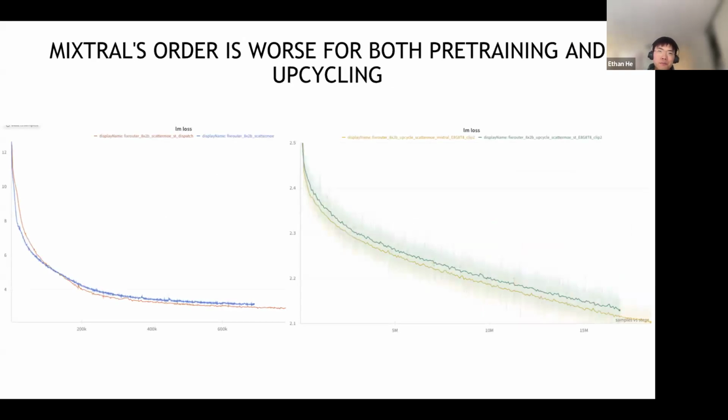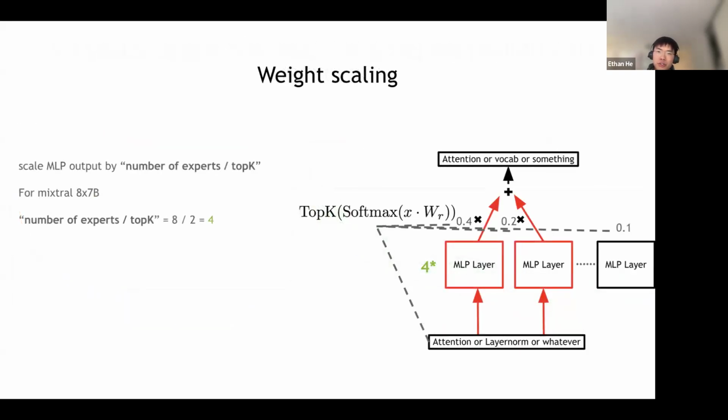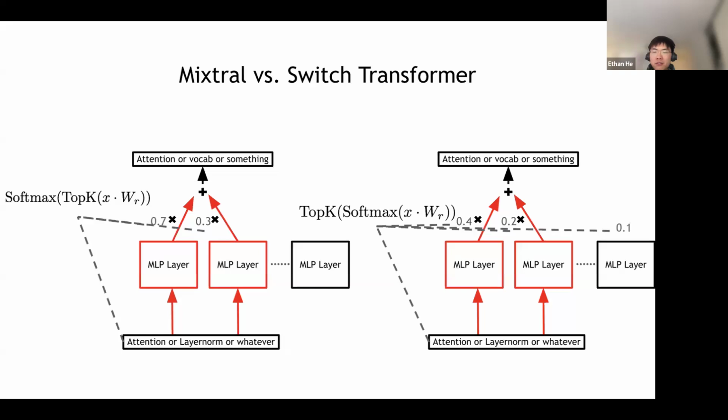So we get the benefit of the original Switch Transformer. A bit of intuition behind why softmax then top K is better: if you apply softmax to all of the experts, the probability distribution is always measured on all of the experts.